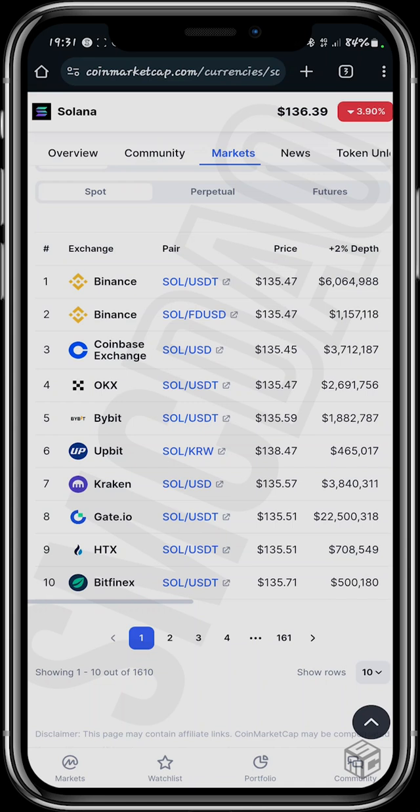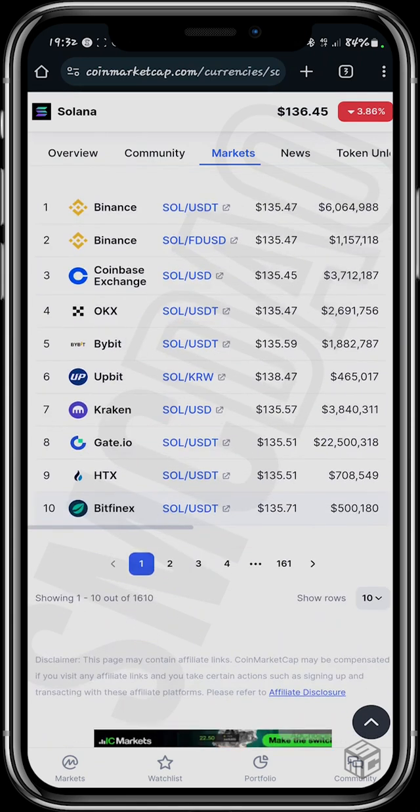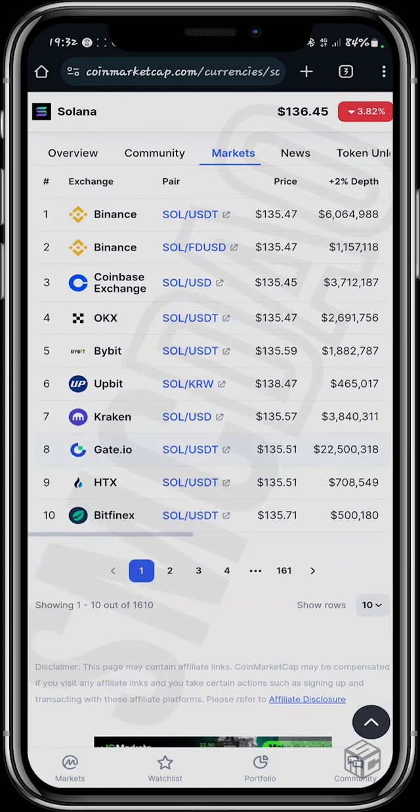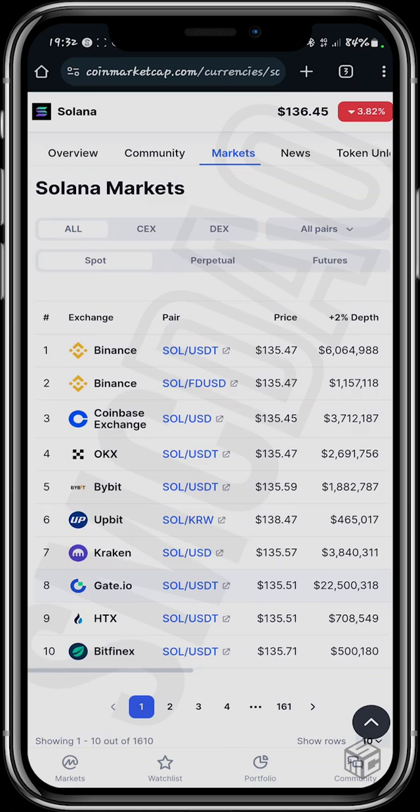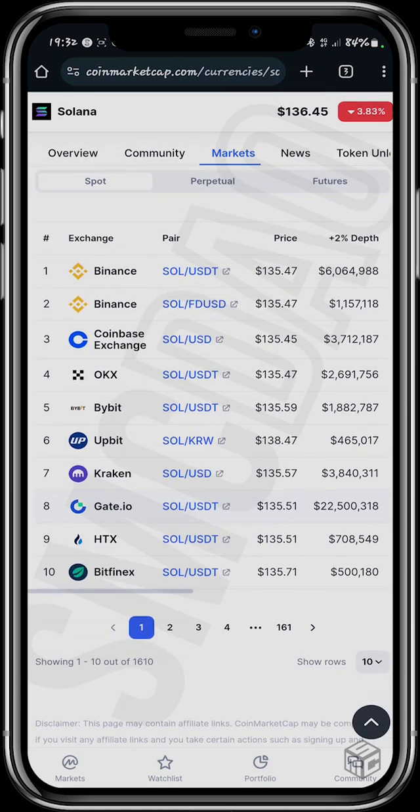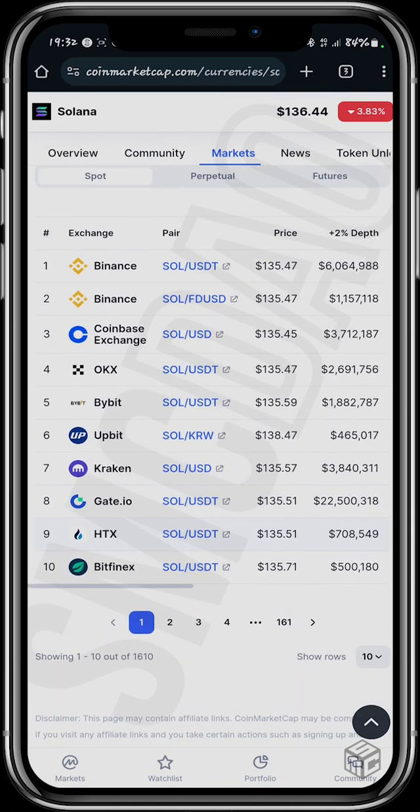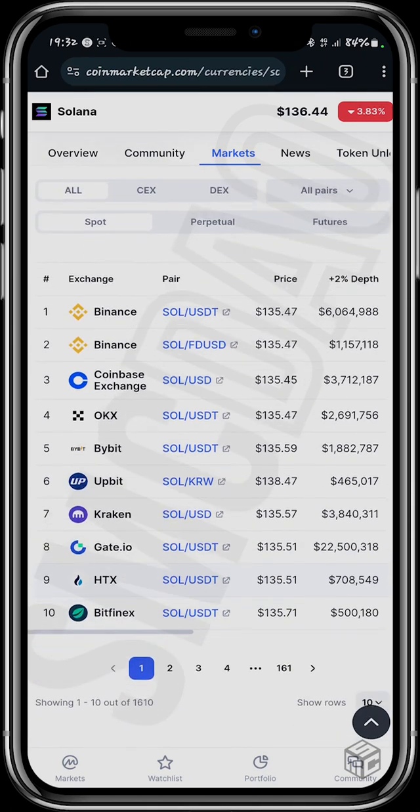Binance's price is 135.47 and Bitfinex's price is 135.71. That means you can buy Solana on Binance for 135.47, transfer it to Bitfinex, and sell it for 135.71, which gives you profit. You are literally buying at a lower price on Binance and selling at a higher price on Bitfinex.